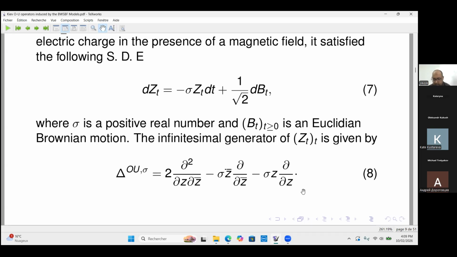This d over dz is just a linear combination of partial derivatives, 1/2 (dx minus i dy). Okay, so it is just a convenient form of presentation of the formula. Yes. Okay. Thank you.